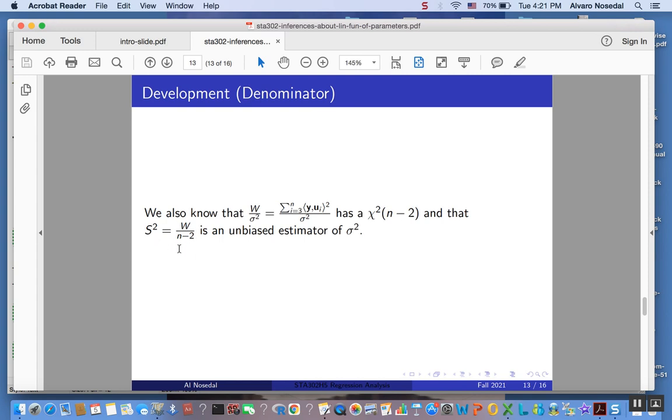And as I said earlier, we showed that S squared is an unbiased estimator of sigma squared. So we have that S squared equals W divided by n minus 2, and we know that W divided by sigma squared has a chi-square distribution with n minus 2 degrees of freedom. Let's use that.